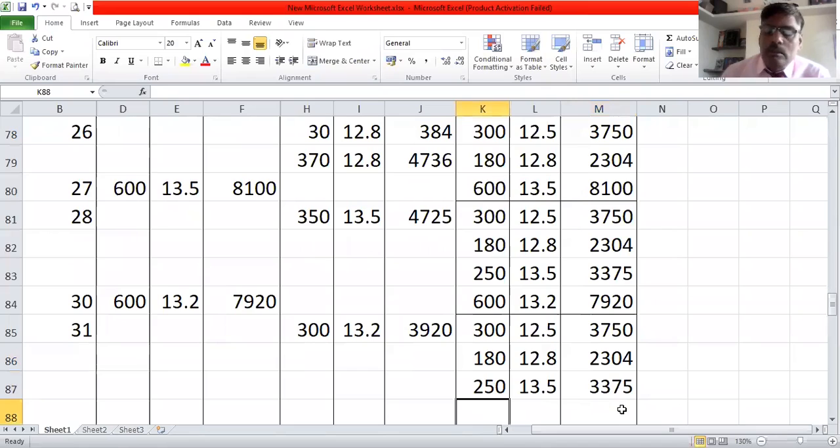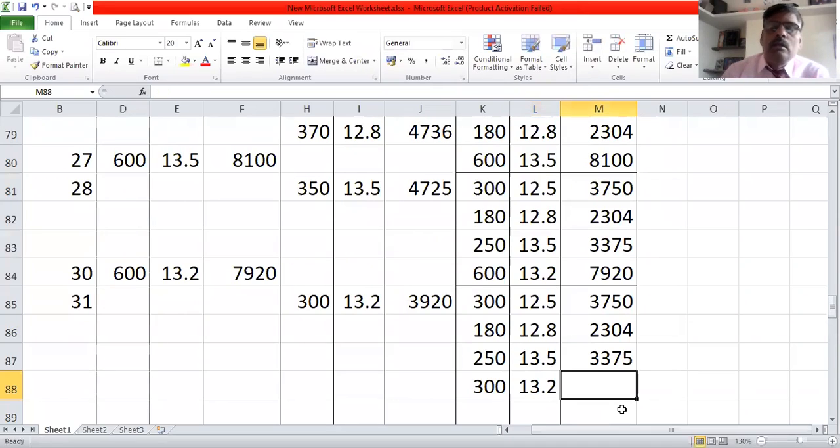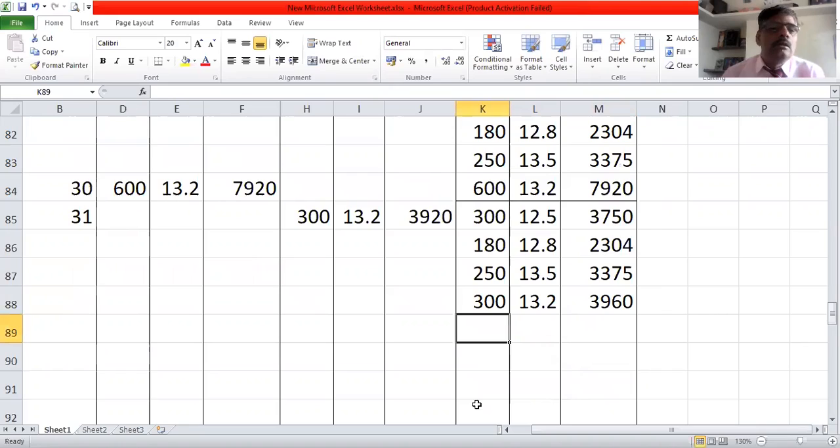From the last lots 300 at the rate of 13.20. 13.20 into 300 is equal to 3,960. Okay, this is the balance.